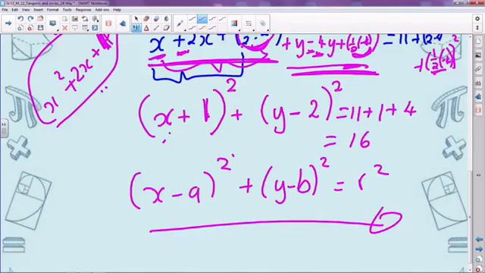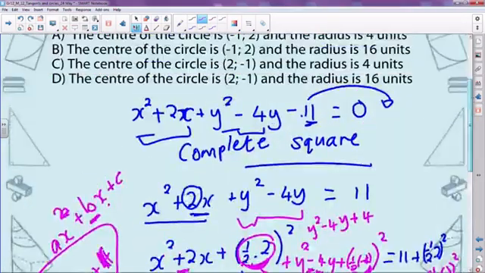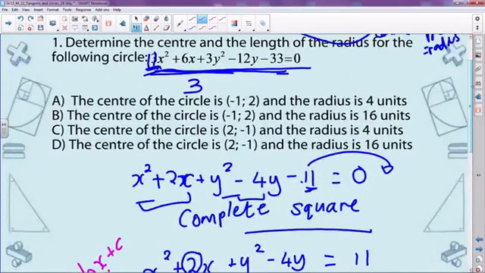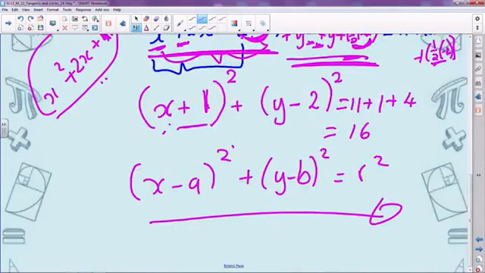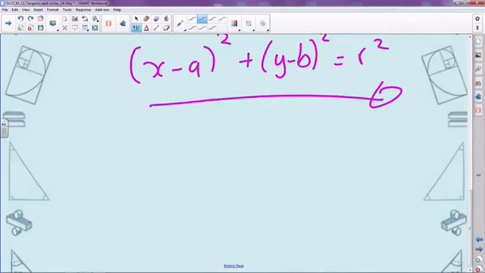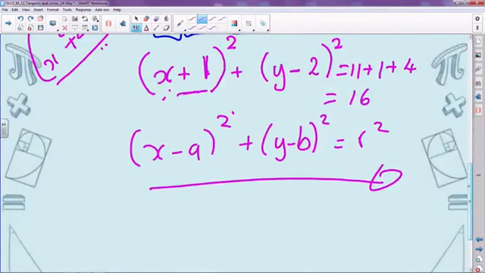Okay, so if you go through what your choices were here, so you had A, B, C, D, and we see that in B, right? We've got that the center is the same because your center here, remember, if you work it out, the x coordinate is going to be whatever's inside your bracket with the opposite sign.